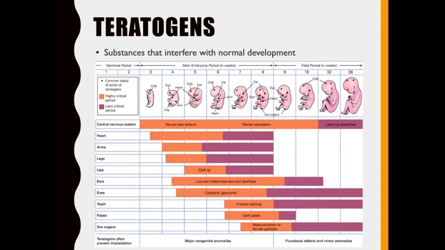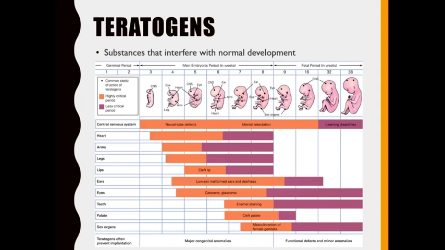So there are a lot of different kinds of teratogens, right? I've mentioned a number of them. We've got radiation, we've got intoxicants that mom might consume, we've got viruses, certain kinds of bacteria. If we hop down to eyes, this is a virus.